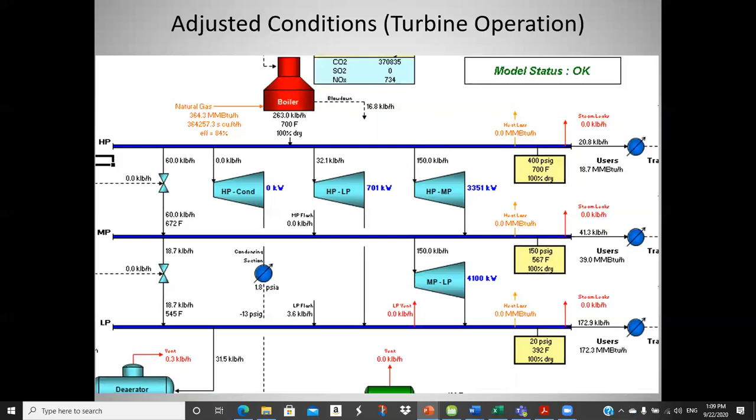Okay, so now I kicked in this guy and I'm putting 32,100. I'm not sure why. I think we were trying to put 32,000, but anyway, it came up with this. So we're going to get 700 kW out of this.